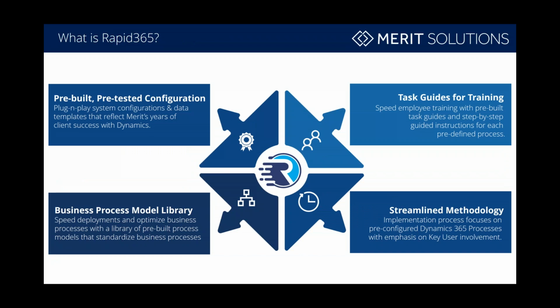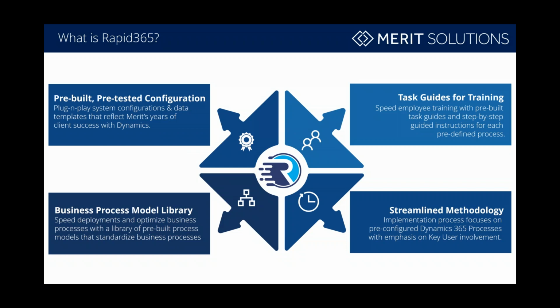So what is it? I started to talk a little bit about this earlier on, but it is pre-built, pre-tested configuration. We've taken a number of things and created some templates that reflect our years of being in this space. We've been doing Dynamics since it's really been a product and been available, and that's our only focus.